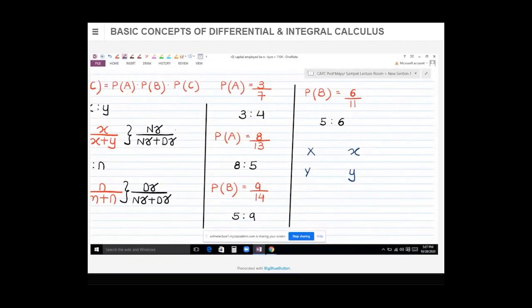And a discrete random variable is a variable which will take only complete, integral values.